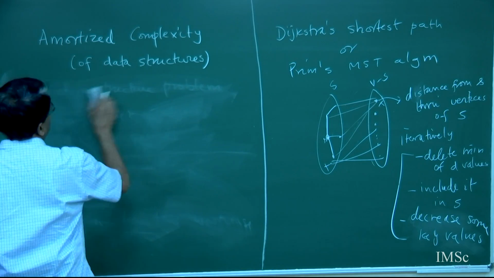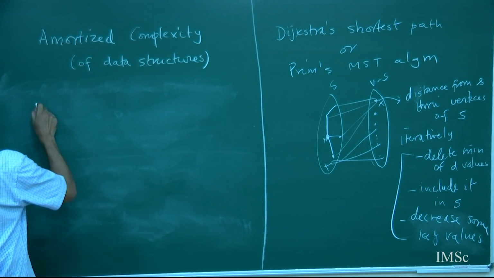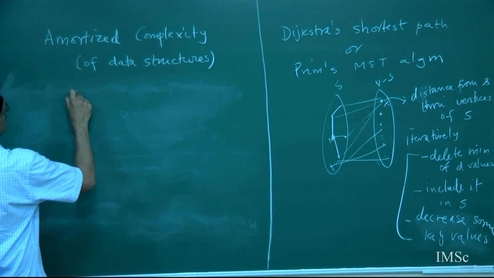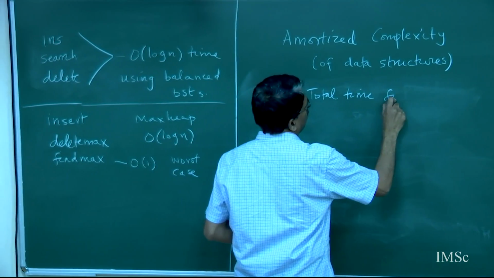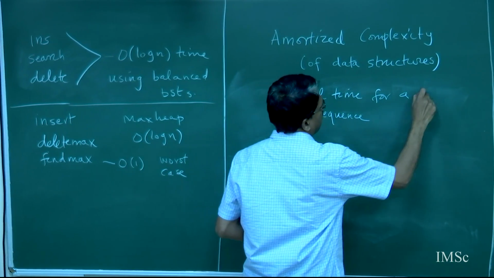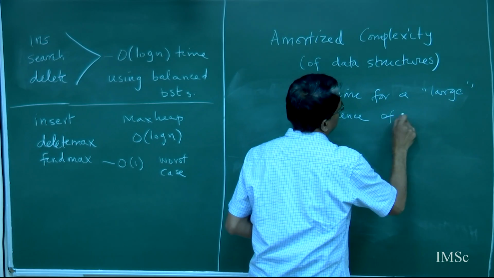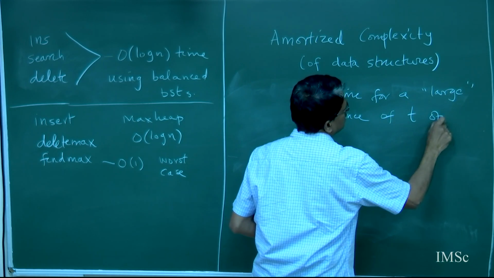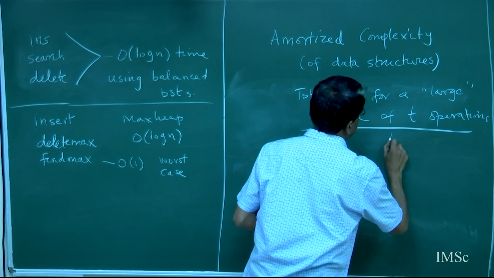So it's the total time for a large sequence of some t operations divided by t.